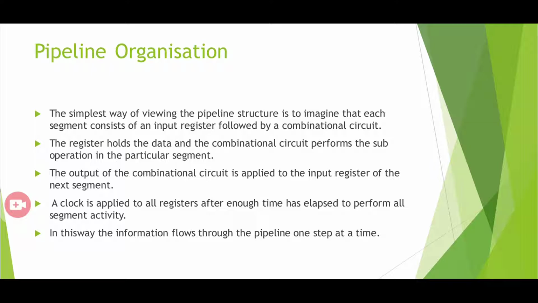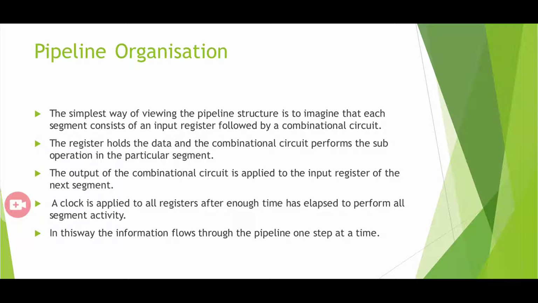The simplest way of viewing the pipelining structure is to imagine that each segment consists of an input register followed by a combinational circuit. We had already discussed that every instruction execution is divided into a number of segments.